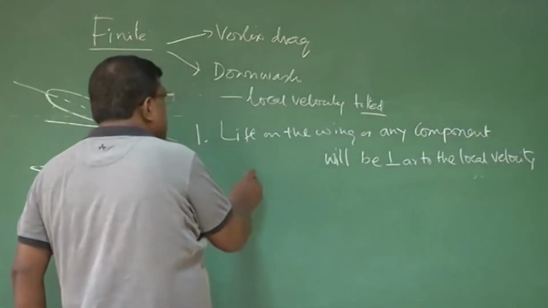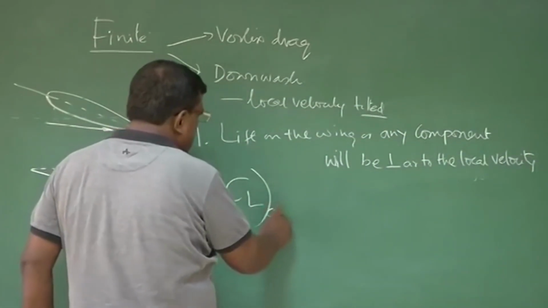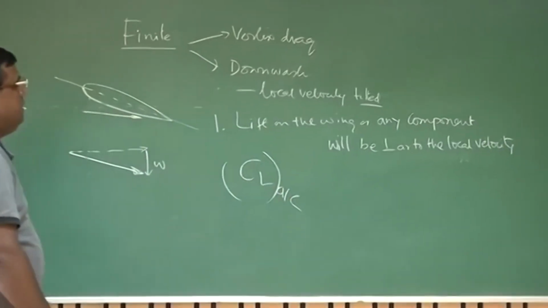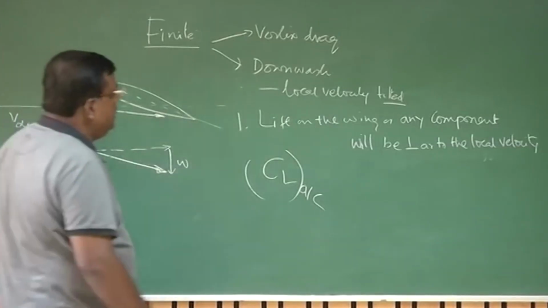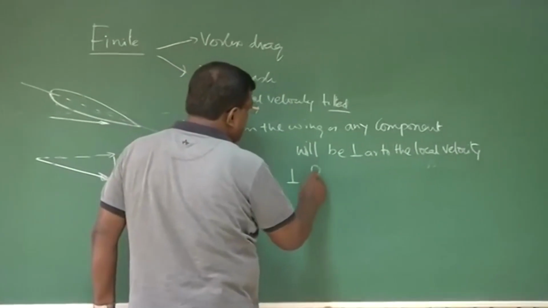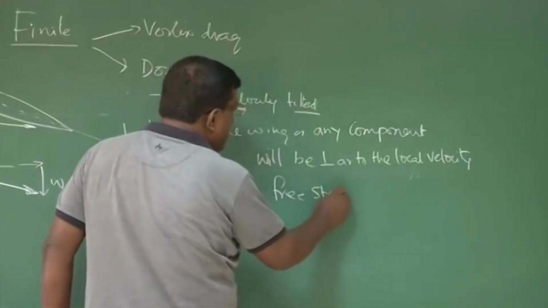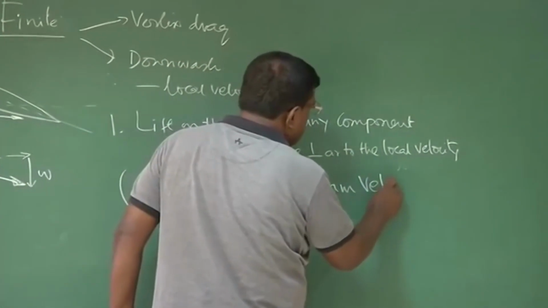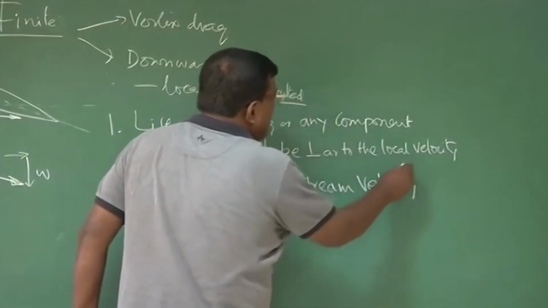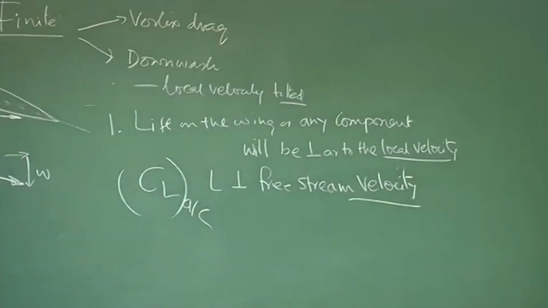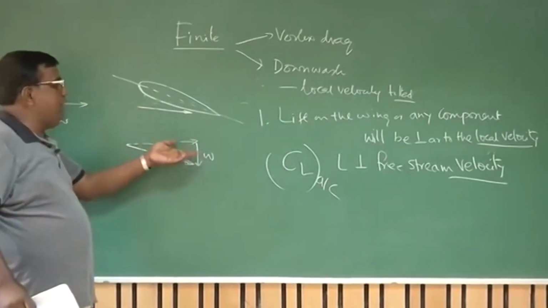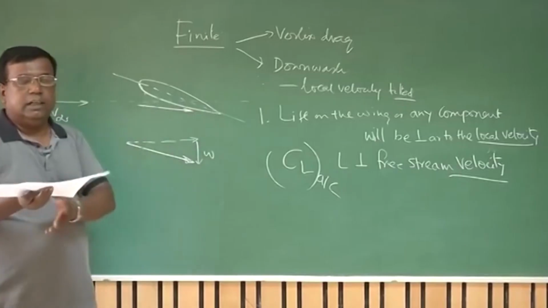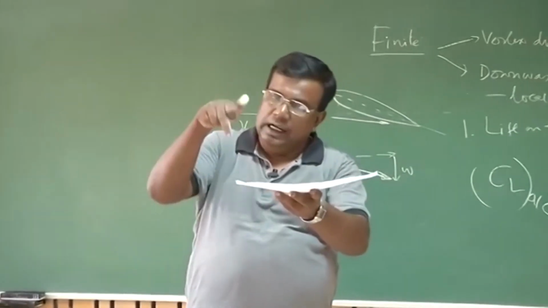However, when I write the CL of the whole aircraft, I should ensure that the lift is perpendicular to the free stream velocity. And by now you know the local velocity and free stream velocity are not in the same direction because of downwash near the wing or any other component. In this case, we are discussing downwash because of the wingtip vortices. That is, as these vortices go like this, they induce a downwash, right?